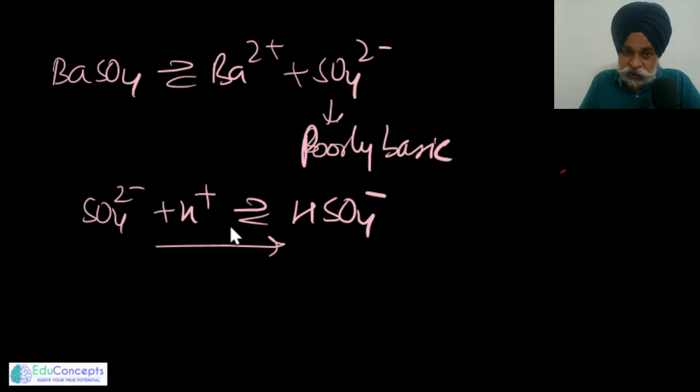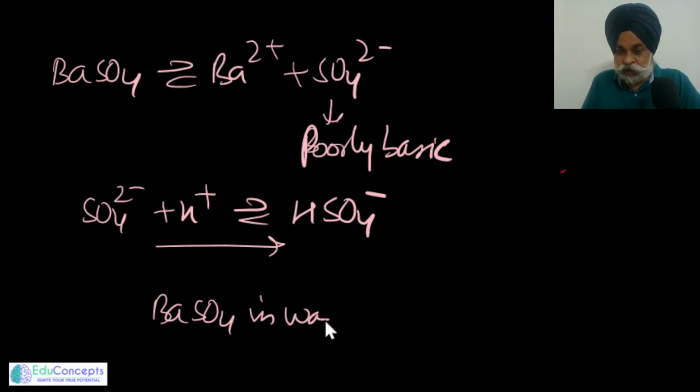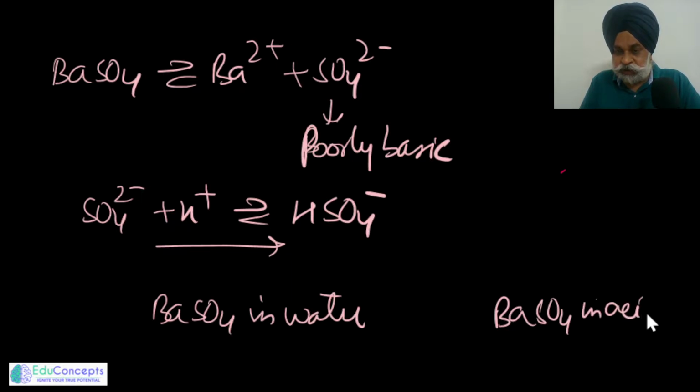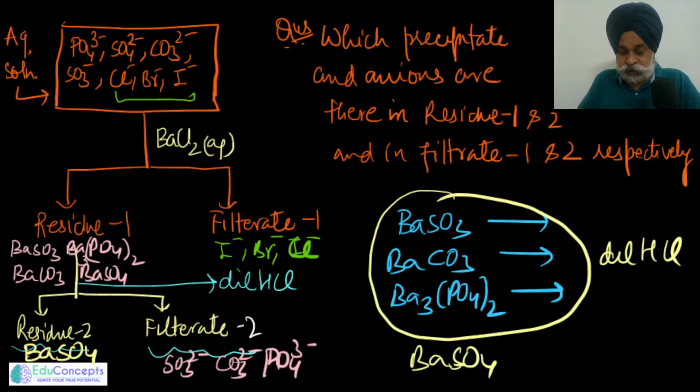If I compare barium sulfate solubility in water versus in acidic solution, we would definitely say it is more. But in the acidic solution, it has been seen that barium sulfate residue actually doesn't dissolve much. So in this particular question, we will answer that residue number 2 is barium sulfate.